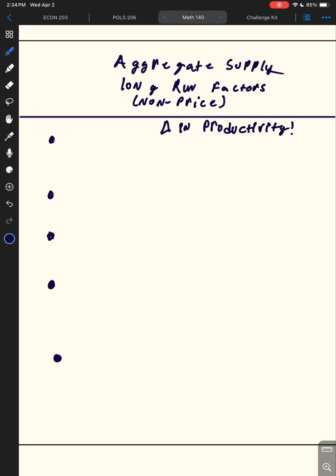So our changes in productivity are going to be things like a growth in the labor force, and the same thing will happen with a decrease in the labor force as well, except it'll shift the supply curve to the left.